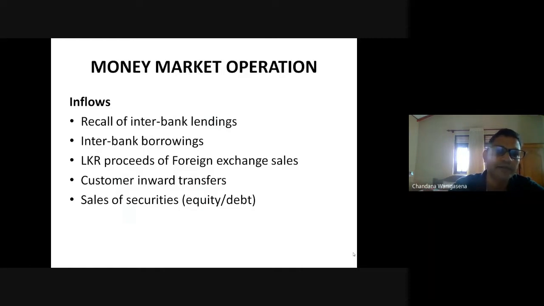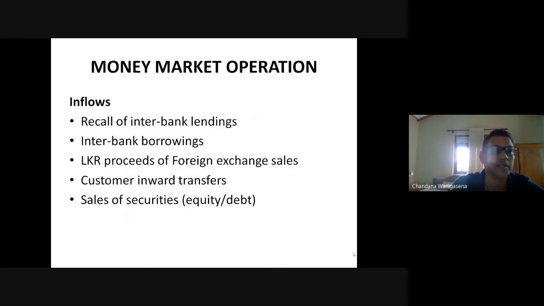We lend to other banks in the interbank money market, and we can recall it and ask for our money back, right? Then interbank borrowings: we can borrow from the interbank money market, and then also we get cash inflow into the bank.